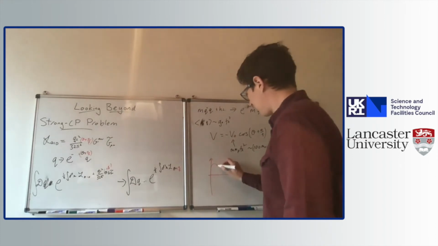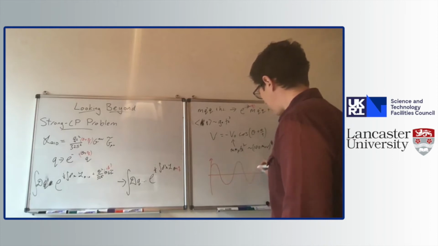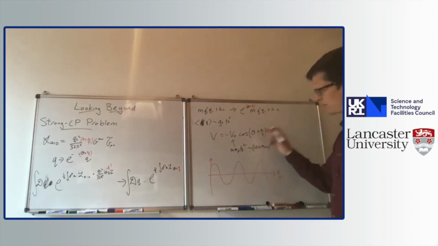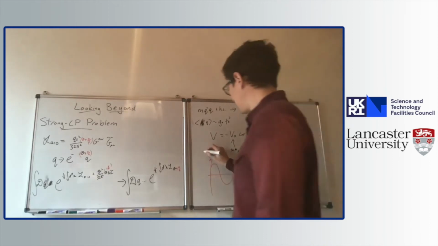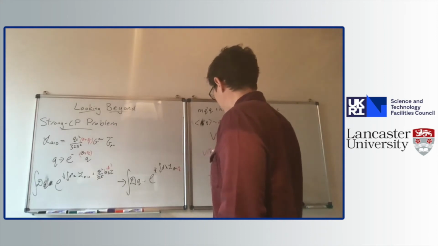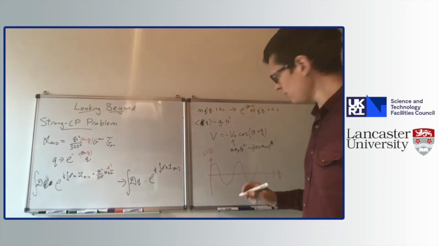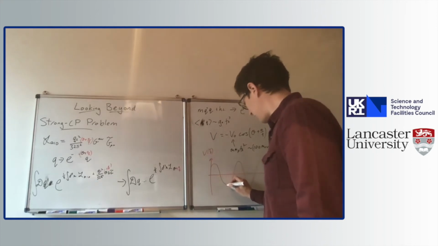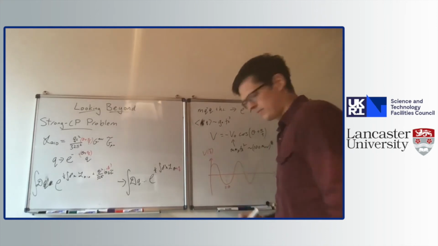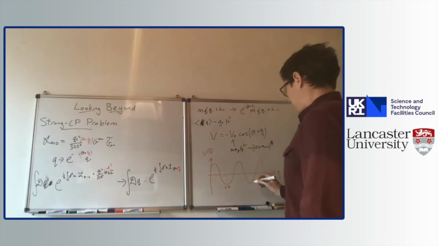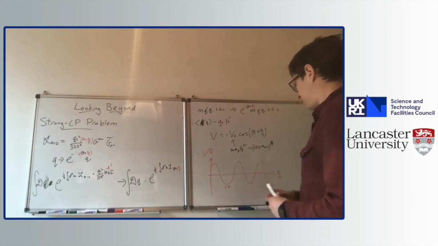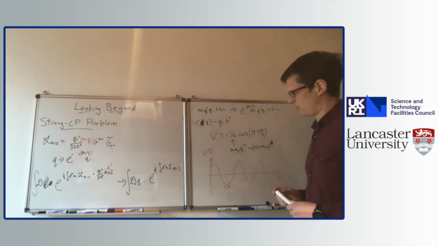And it will just be some cosine form with a shift of order theta. So this is V(a/f). Down here, it'll be something like pi minus theta, and so on, 3 pi minus theta and so on.